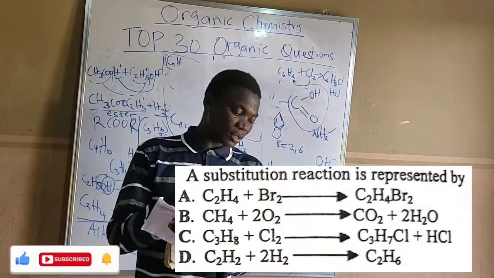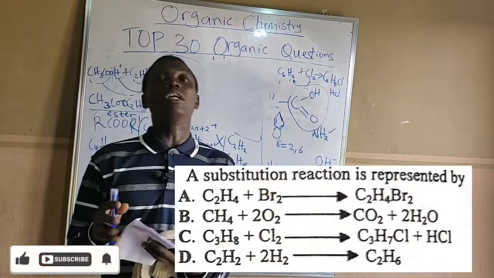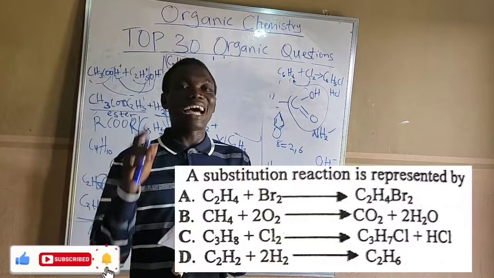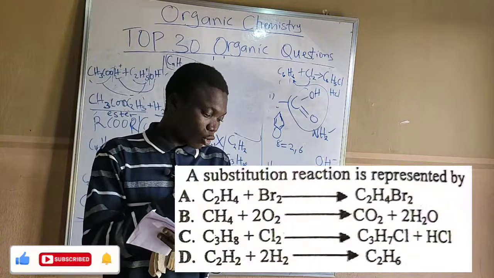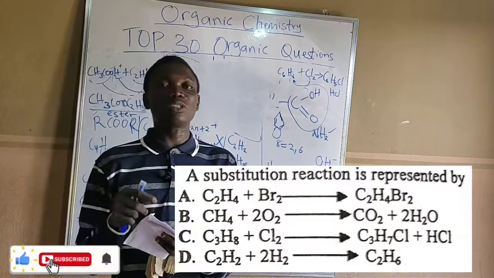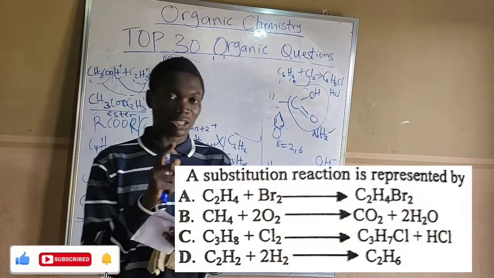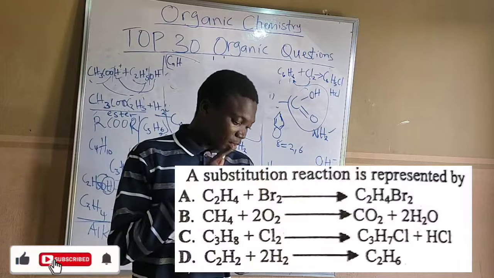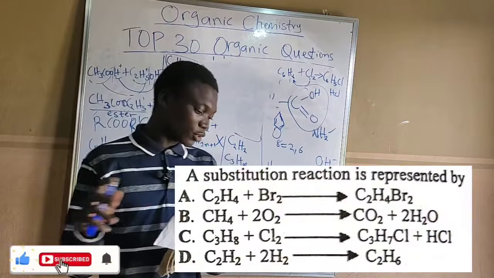Option C, C3H8, that is an alkane, reacting with chlorine, that is a halogen, right? That is an example of substitution reaction. So that is the correct one, but I will explain to you. Option D, C2H2, that is an alkyne. Please be very wise. That is why knowing the formula is very important. So that is an alkyne, and it's also reacting with hydrogen. It's also wrong. That is not substitution reaction.